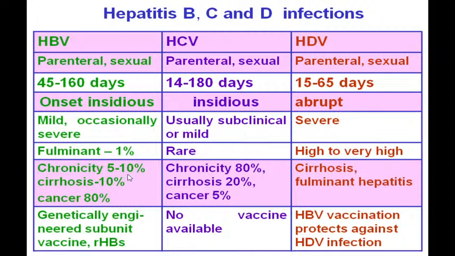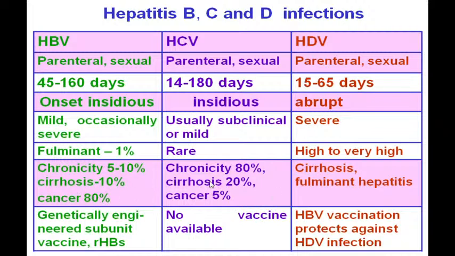So that's also typical for hepatitis B. In 10% of chronic infection patients, cirrhosis will develop, and in 80% of those who develop cirrhosis, primary hepatocellular carcinoma will develop. So very high oncogenic potential.